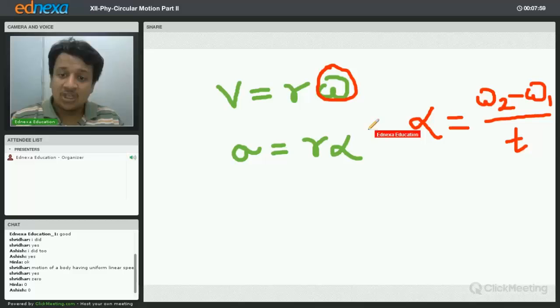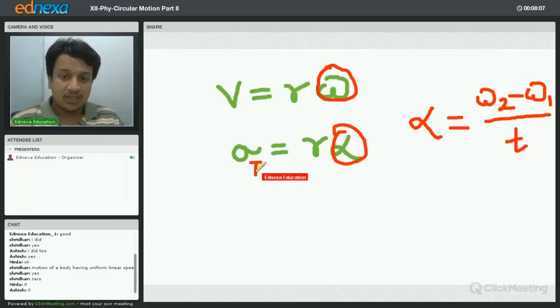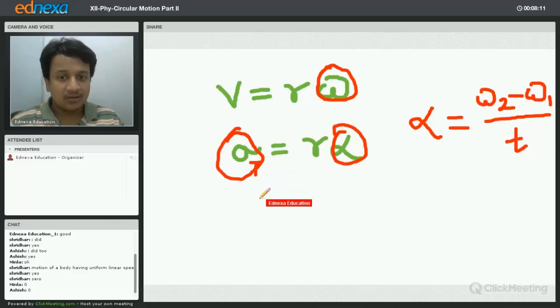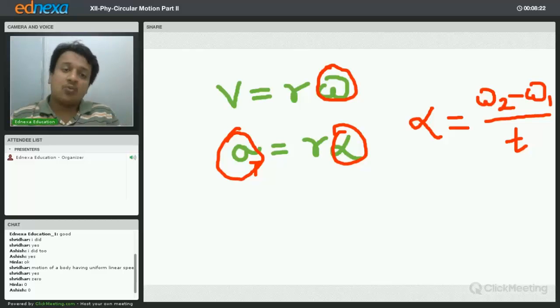And when alpha is 0, what about this acceleration? This acceleration is also known as tangential acceleration. This tangential acceleration is also 0. Is it right? Now the question will arise, when acceleration is 0 and the body is still moving. See, when acceleration is 0, what about force? What is the formula for force? Mass into acceleration.